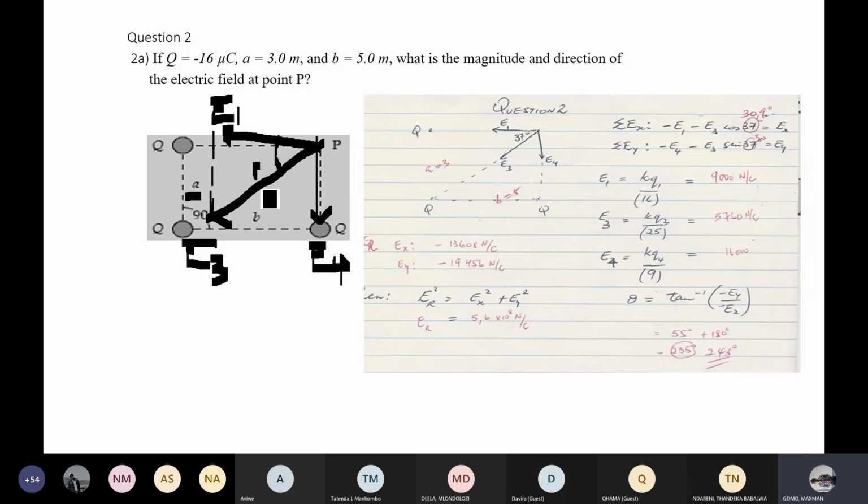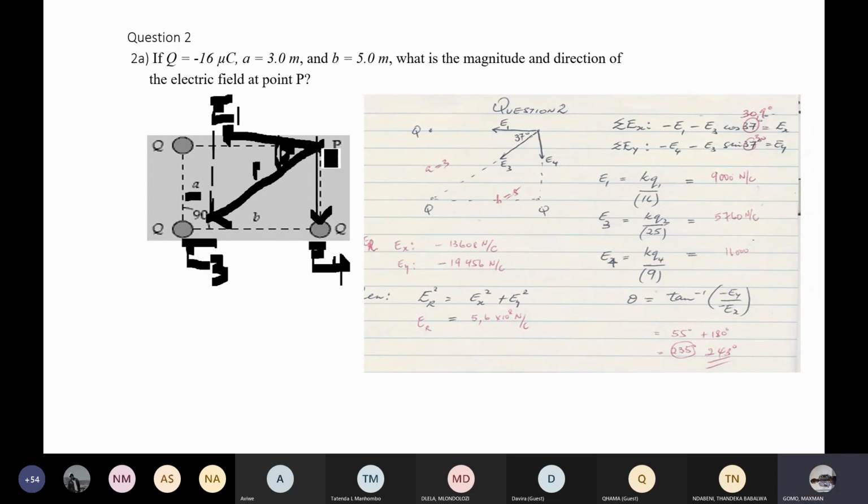And this side, you are told that it's B, which is 5. You can find this angle by using the tan rule again. Tan theta is equal to opposite over adjacent, then you can find the value of theta here.